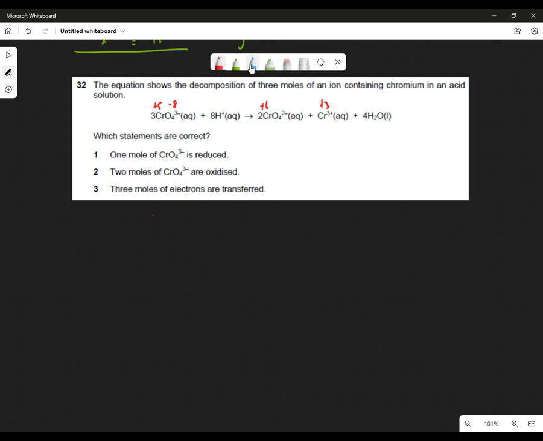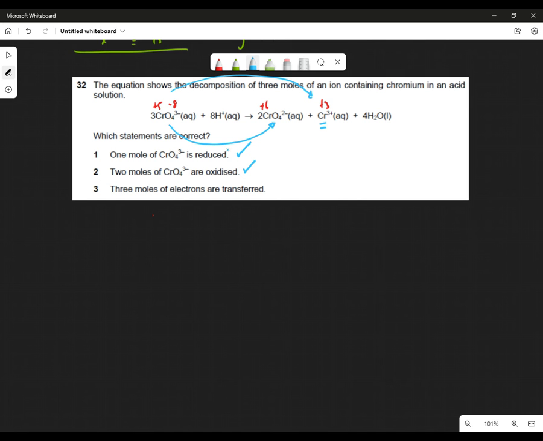So what happened then? One of them went there, and two of them went there. Okay, 1 mole is reduced, from +5 to +3, so that is correct. 2 moles are oxidized, +5 to +6. Yes, that is correct.